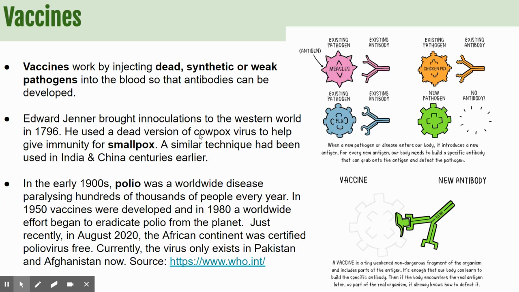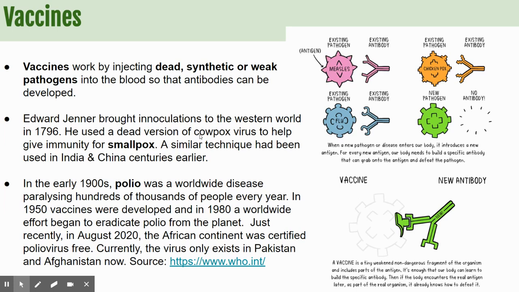And he took pieces of that where the virus would be and put that into somebody else's blood, right? Made a little cut and inoculated them with the cowpox disease, which, remember what I said, is a lot less virulent. It's not going to kill you as much, likely. It's not as deadly as smallpox.